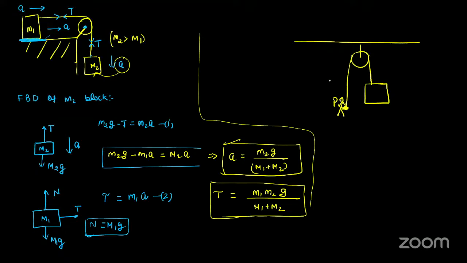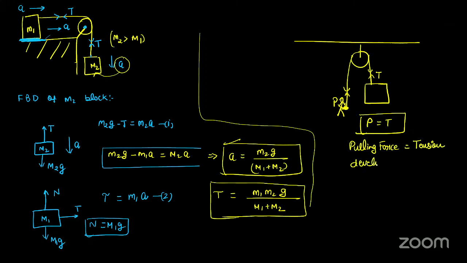So in that case also, tension will develop over the same. This tension is nothing but equal to the pulling force. So we can write it down here: pulling force is equal to the tension developed in the string.